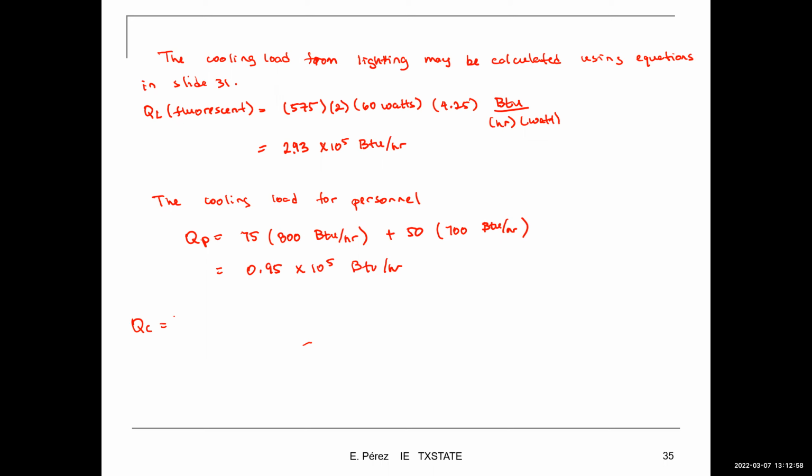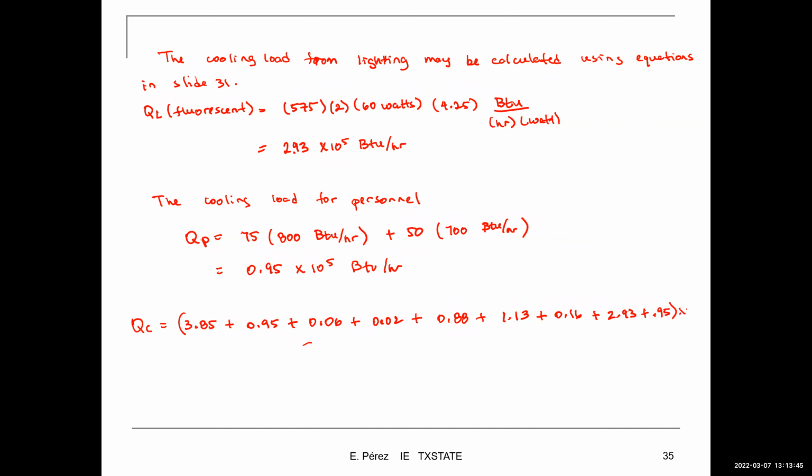So QC is going to be equal to 3.85 plus 0.95 plus 0.06 plus 0.02, 0.88 plus 1.13 plus 0.16 plus 2.93 plus 0.95.